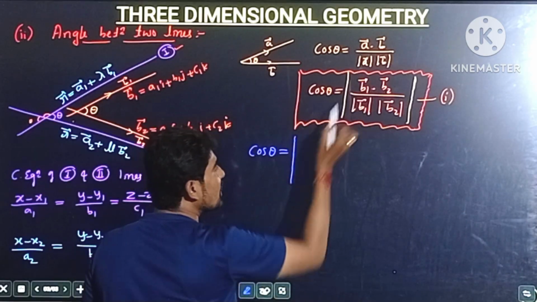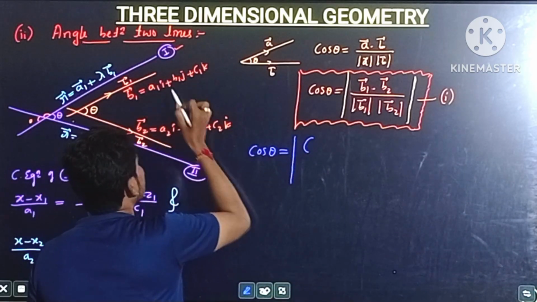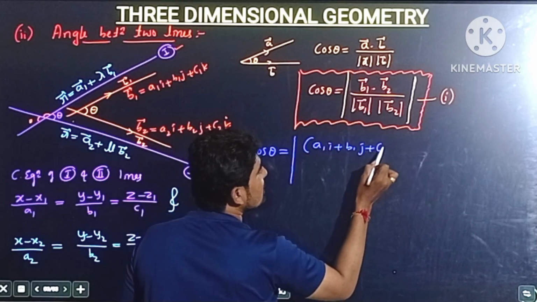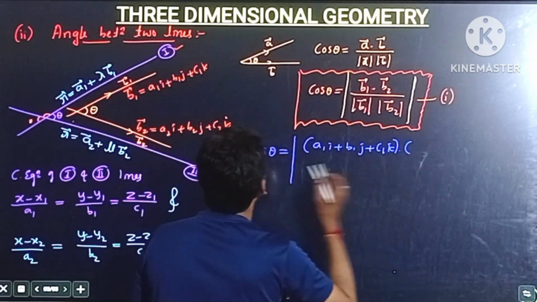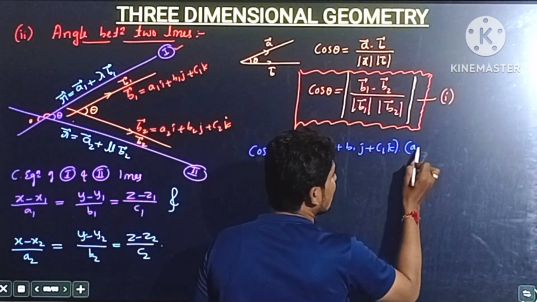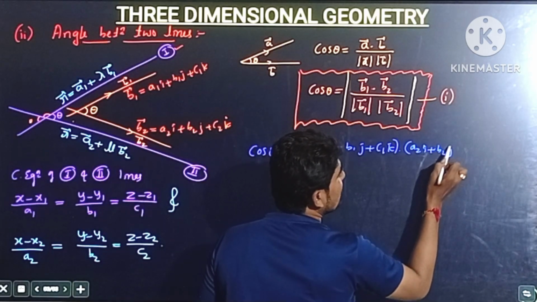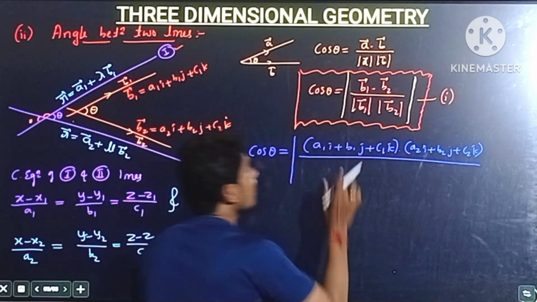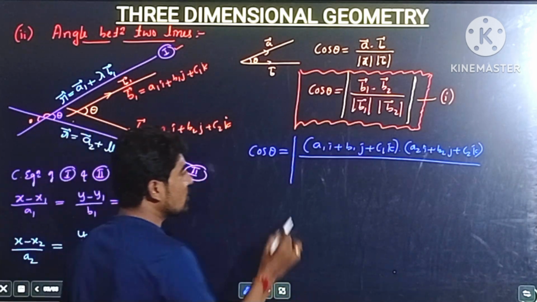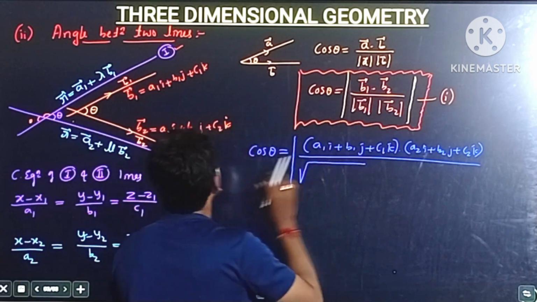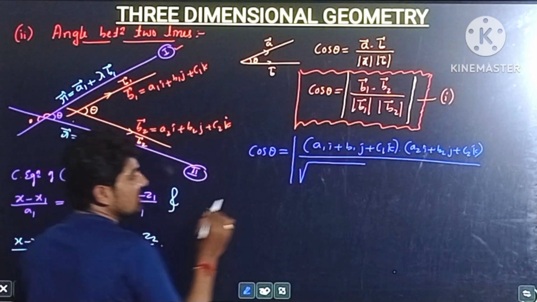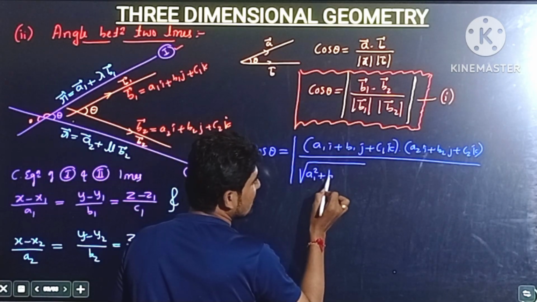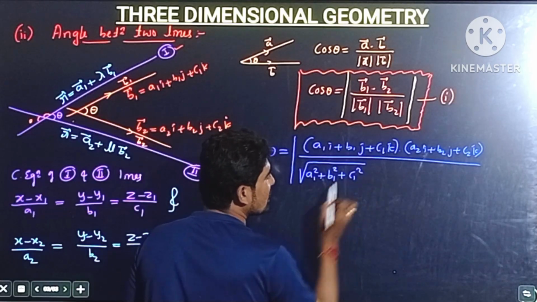the modulus of b1 vector dot b2 vector, where b1 vector is a1i plus b1j plus c1k and b2 vector is a2i plus b2j plus c2k, divided by the magnitude of the b1 vector, which is the square root of the sum of the squares of the coefficients: a1 square plus b1 square plus c1 square.